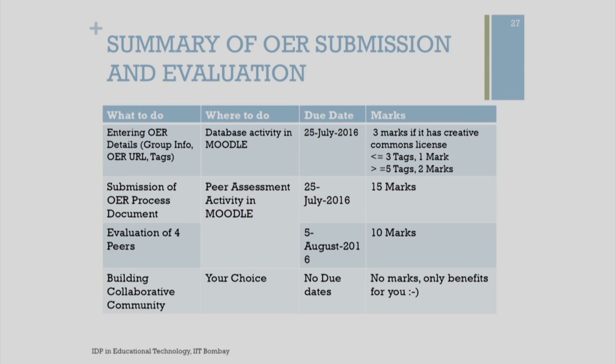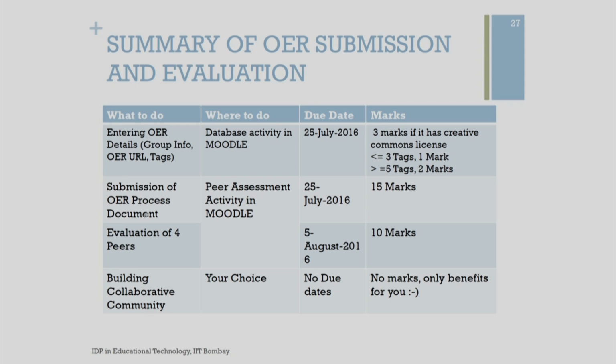Now the important part, the due dates. What to do? Entering the OER details, group info, OER URL and tags as you saw earlier. Where to do it? It has to be done as a database activity in Moodle. The due date is 25 July. So you have time till 25 July to do this activity, and associated marks are provided.